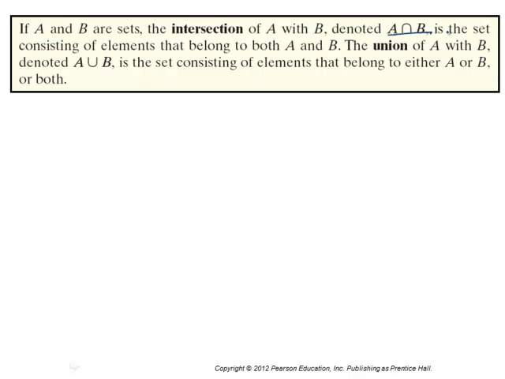So we have set A and set B, and the intersection is indicated by that upside down U. And when you take the intersection of two sets, that creates a new set whose elements are both in A and B. Just like, when you look at two streets that intersect, well, then this part right here is the intersection. It's the real estate that is shared by both of the streets.